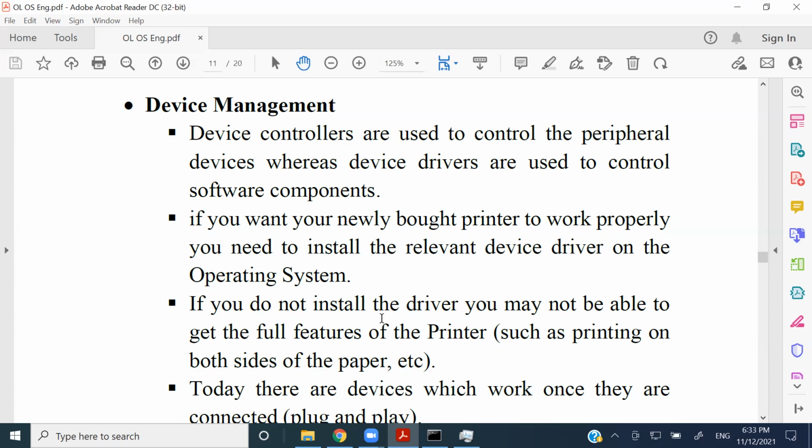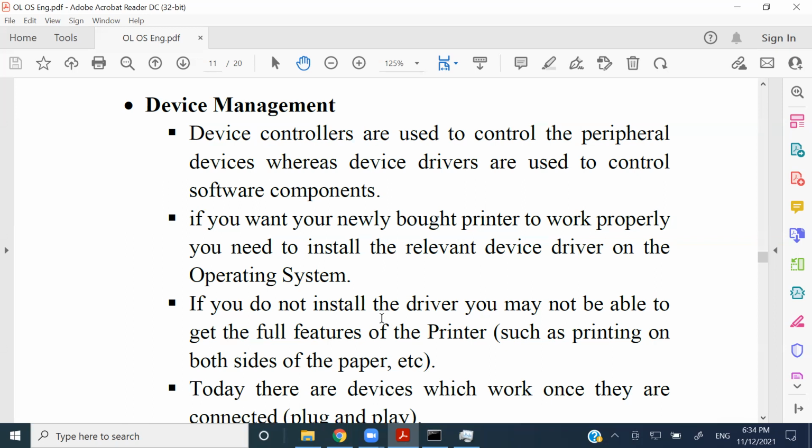In simple terms, if you connect a particular pen drive into the PC, the device driver will tell the operating system and the computer system, okay, there is a particular pen drive with this amount of free space connected to this computer, right? Without the device drivers, the operating system will not be able to identify what kind of device is being connected with the computer system, right?